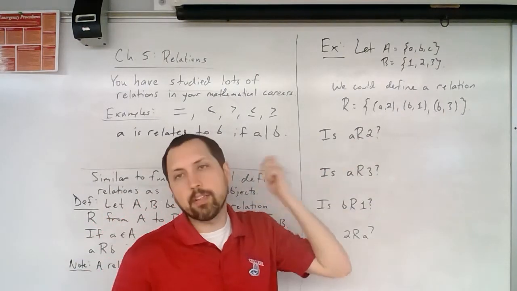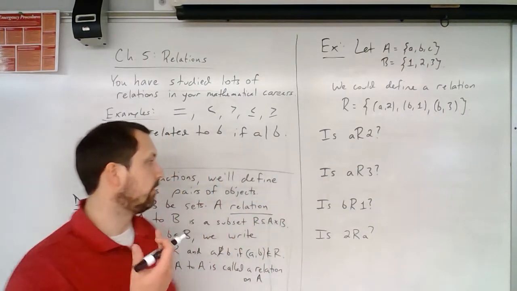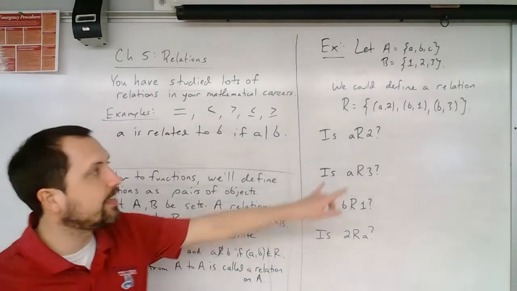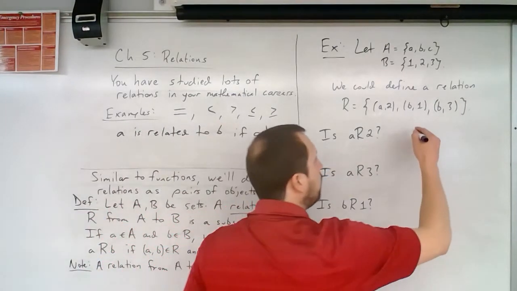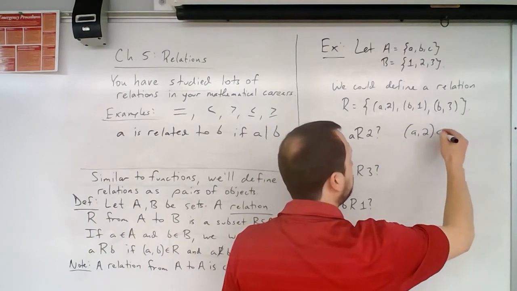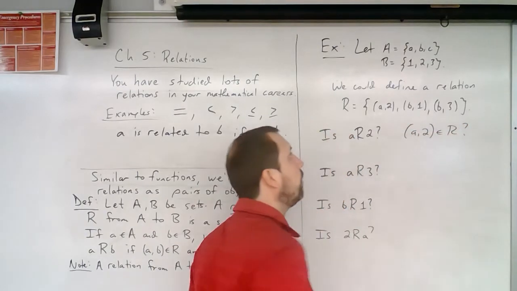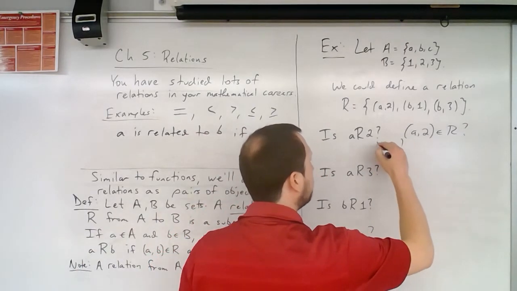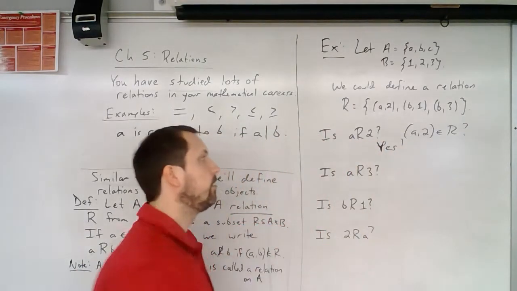So we can ask, is a related to 2? To see if they're related, we're looking to see, is that ordered pair in there? So is (a, 2) an element of R? Well, yes, obviously you should see this. So in this case, a is related to 2.